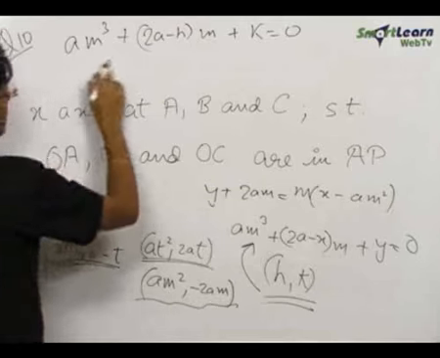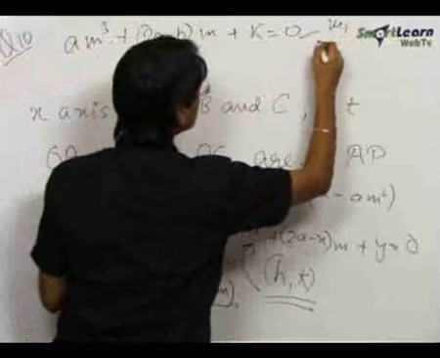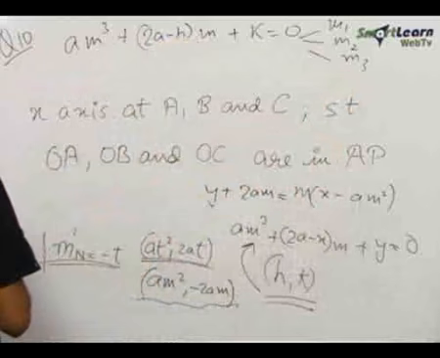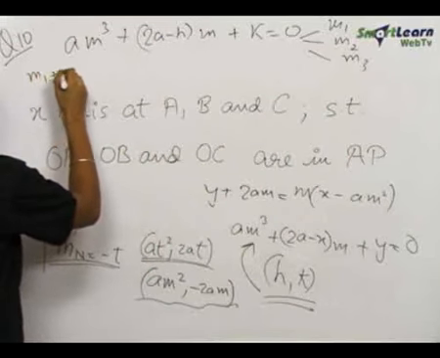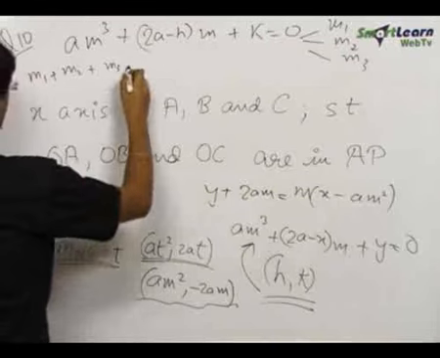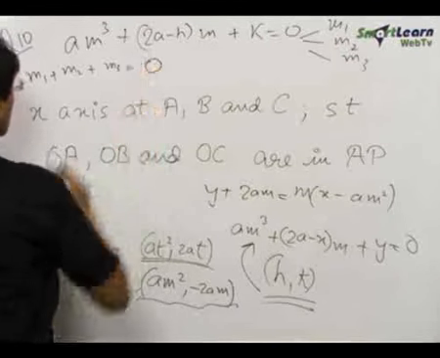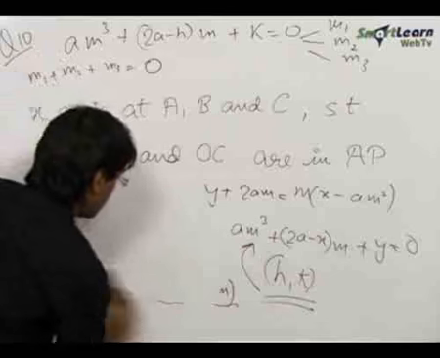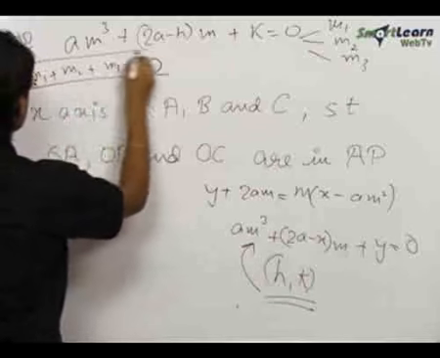Now we can see the three normals having the slopes m1, m2 and m3 are the three roots of this cubic equation in m. So m1 plus m2 plus m3 is equal to 0 since there is no coefficient of m square. This is our first equation.